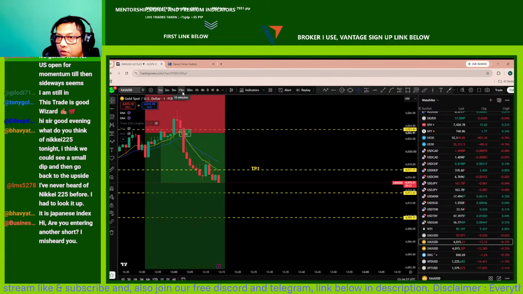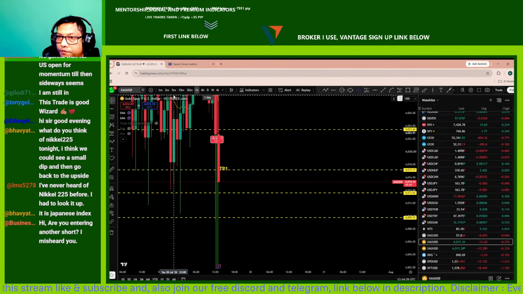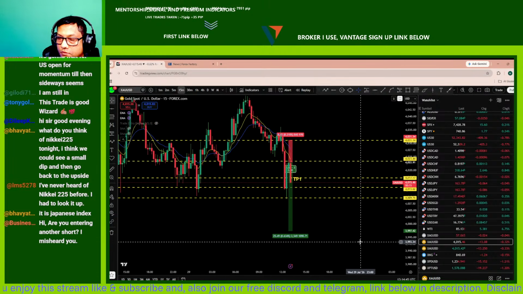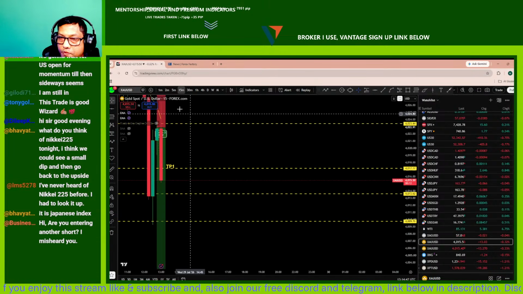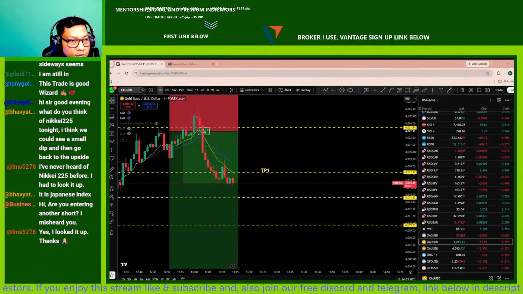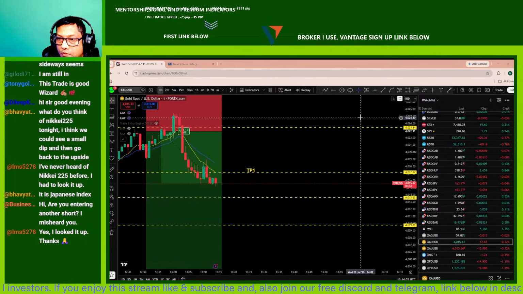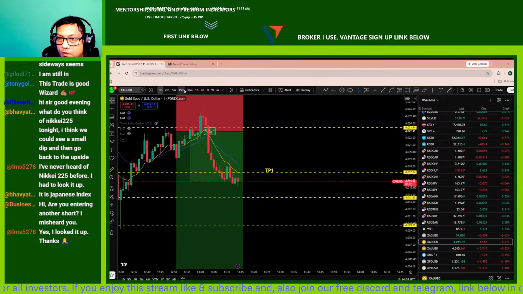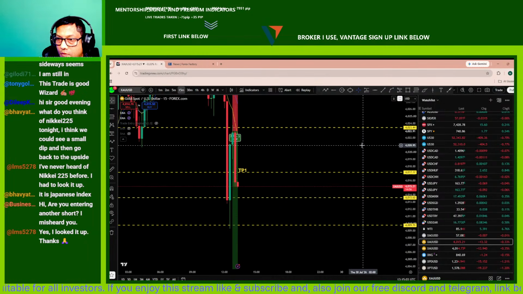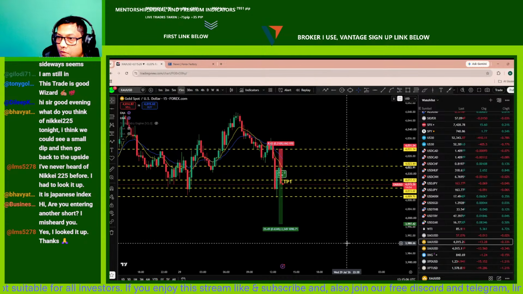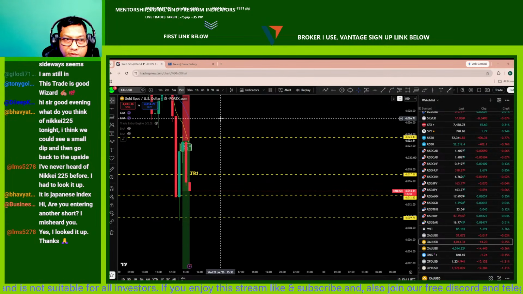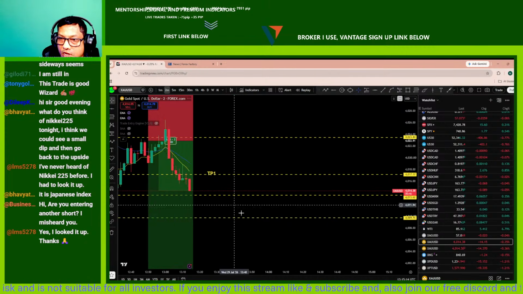And after this 1 hour candle, do you think it's going to bounce back again? You can expect a meltdown because there is imbalance below.